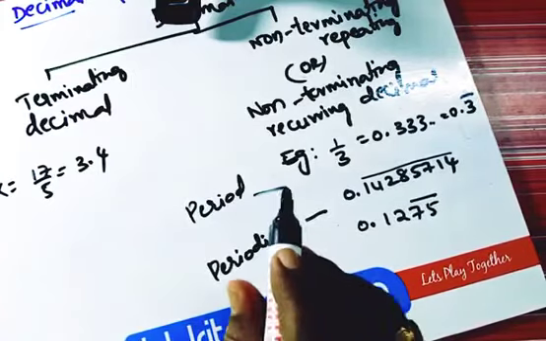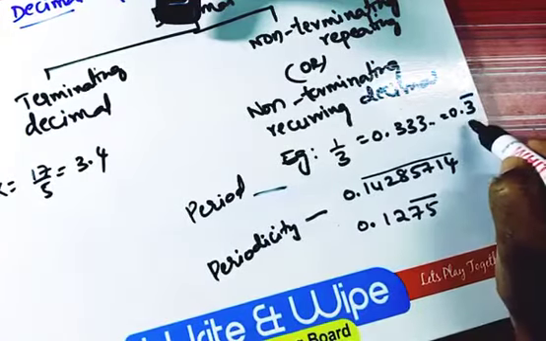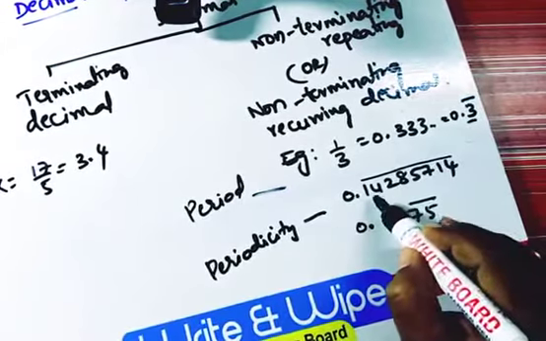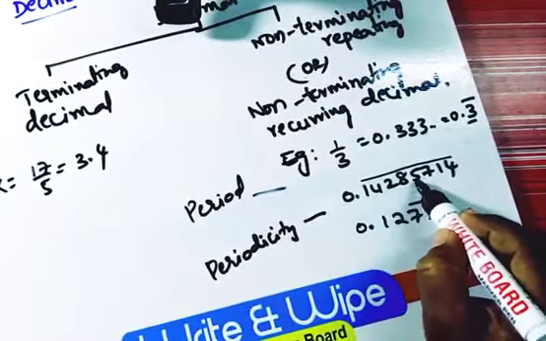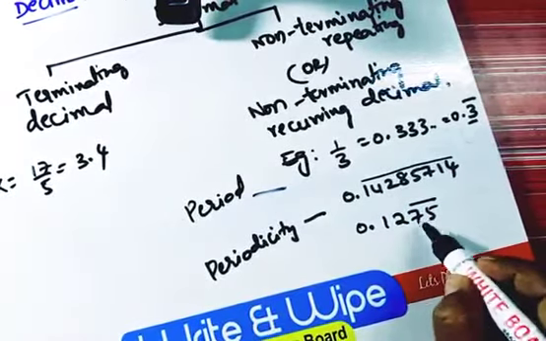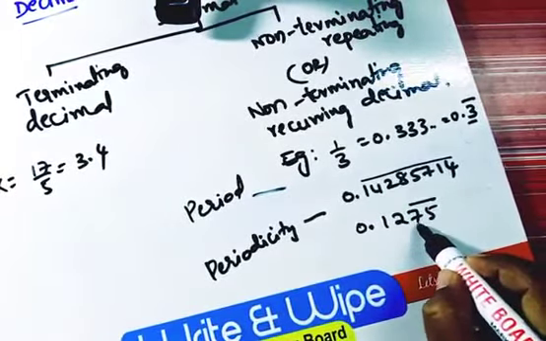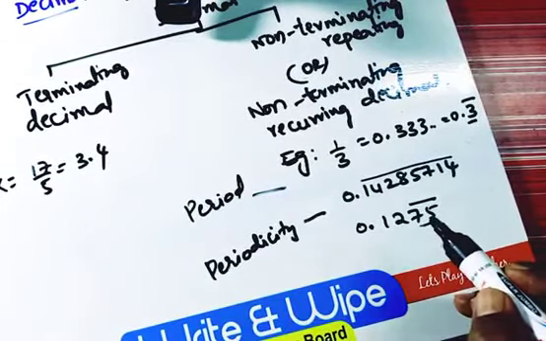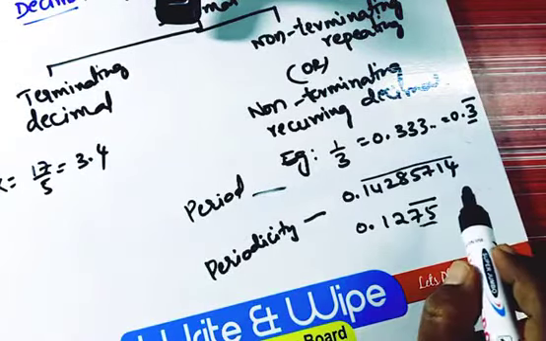For example, in this example the period is 3. In this example, the period is 1428574. In this example, the period is 75. So we write the digits under the bar for the period.